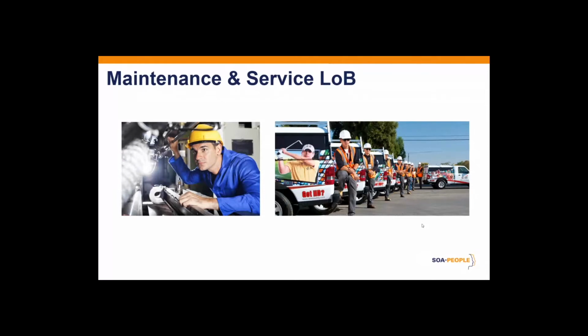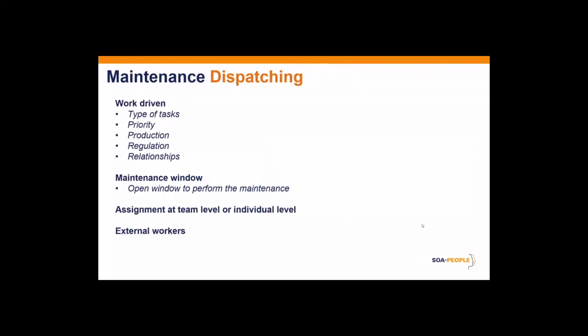But in reality, dispatching maintenance or dispatching service is different. For maintenance, for example, the dispatching, the work allocation, is really work driven. It's really the work that's going to decide when you want to execute the job, because depending on the type of the task, the priority, production constraints, regulation, and so on.